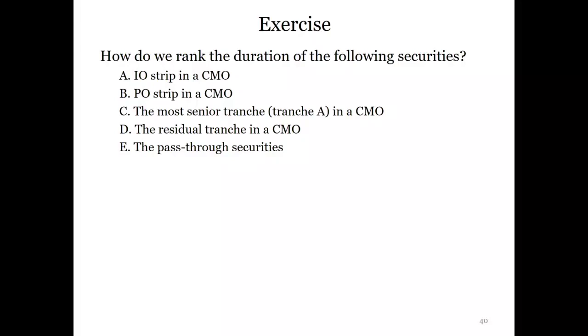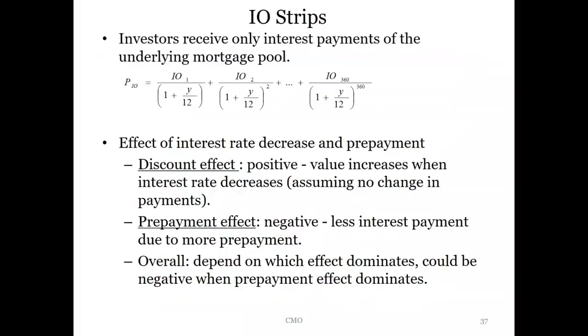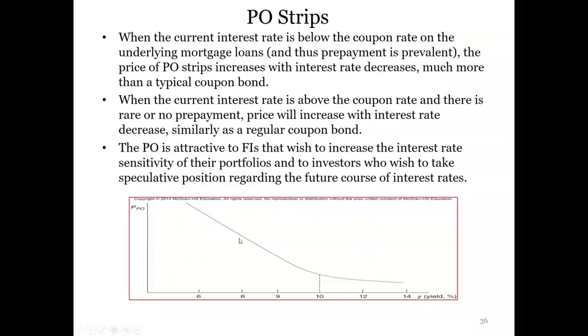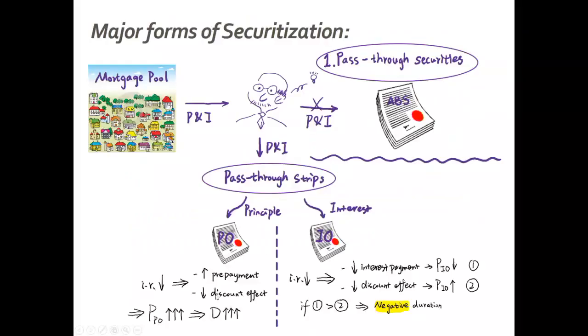So there's one way you can think about it. If you hold pass-through securities, you are receiving principal and interest payments together, right? So when there is a change in interest rates, you have that interest payment with slight negative duration to offset it. For PO strip, you only receive principal payments, and remember the discussion we had earlier. You see how it's actually very sensitive to changing interest rates. It has a very positive duration.